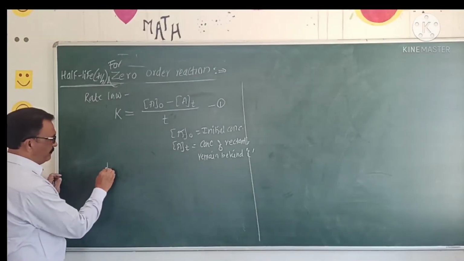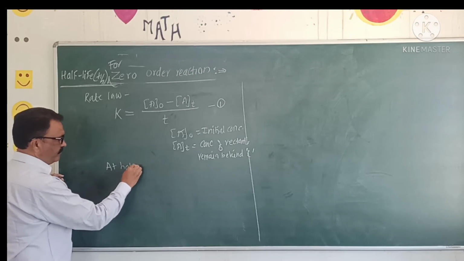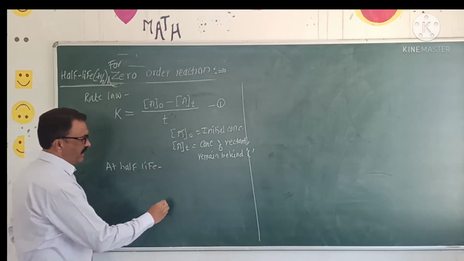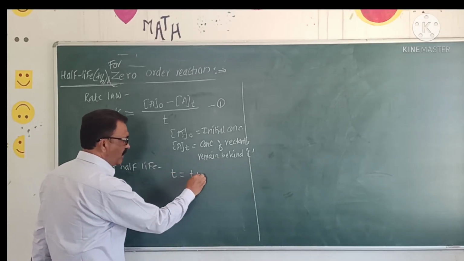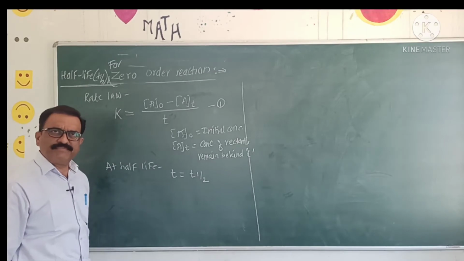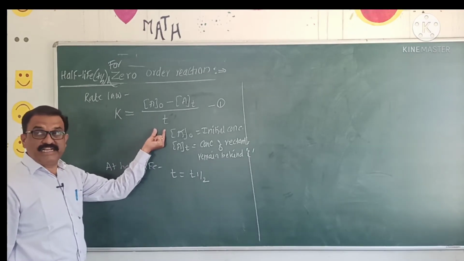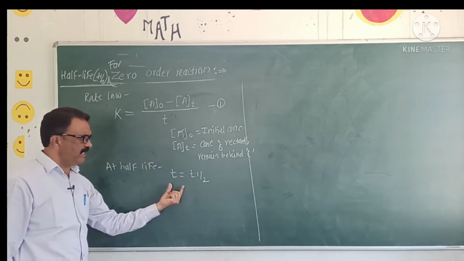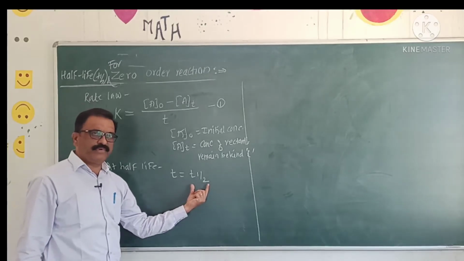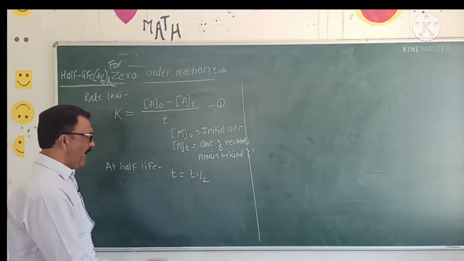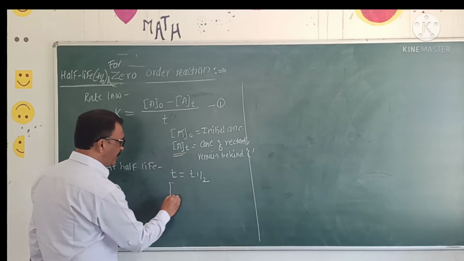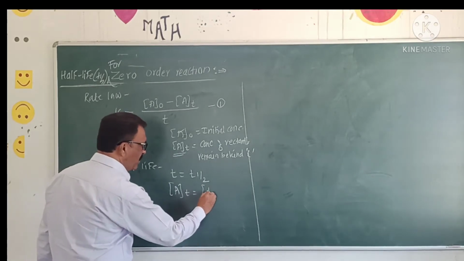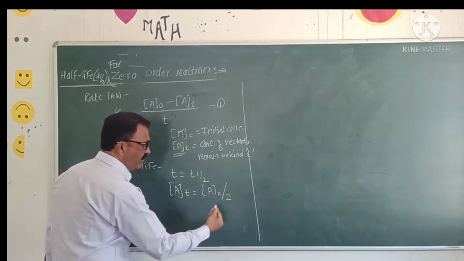Then at half life, the time of reaction, that is small t, will be equal to half life. T means the time of a given reaction process at a given instant. Here for half life, t becomes T1/2, and the quantity remaining, At, is equal to the initial concentration A0 divided by 2.